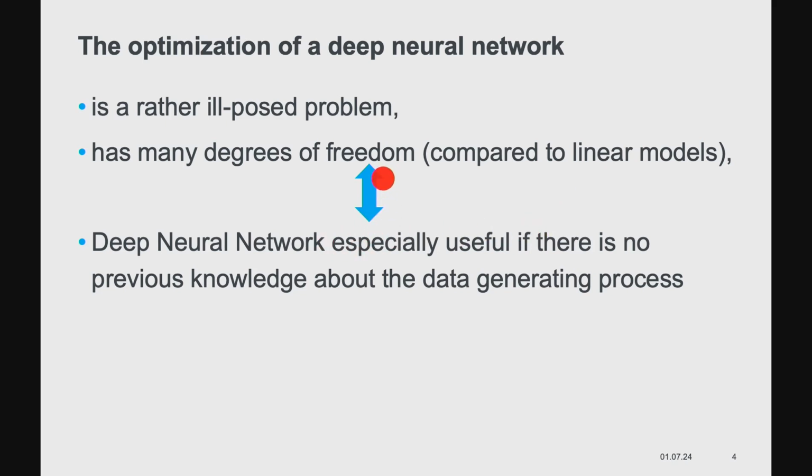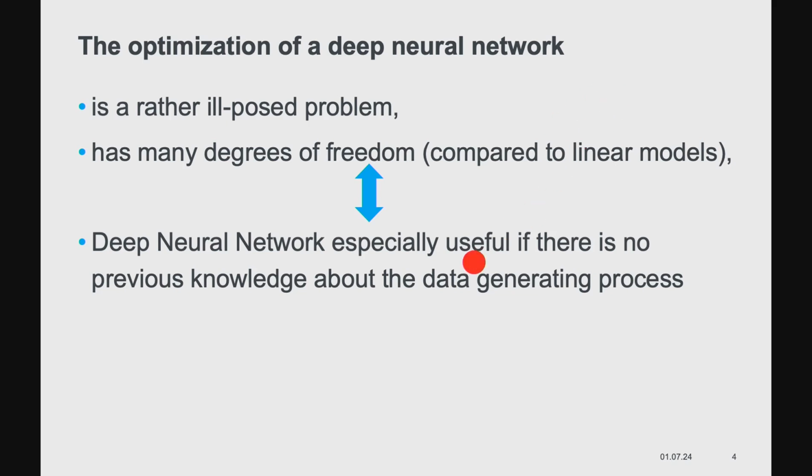The counterpart to that is that a deep neural network is especially useful if you don't have previous knowledge. If you have a feed-forward network, you don't have much of a bias towards the one or the other model, which is problematic if you want to learn with few examples, but which is good if you have a lot of data and you want to learn with a lot of data a very precise representation.